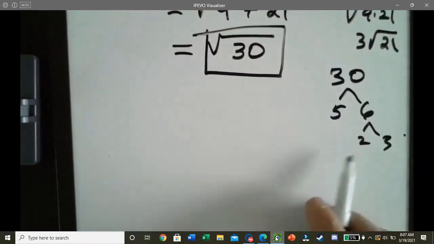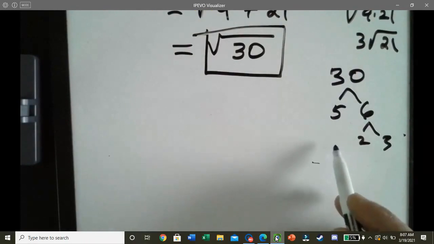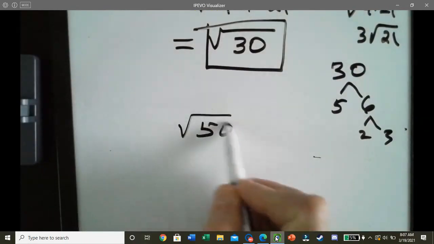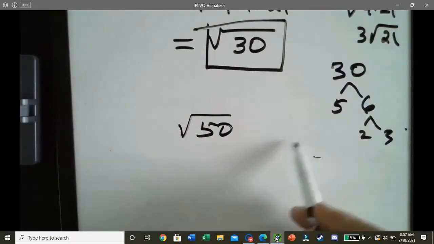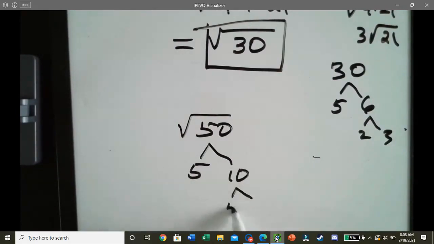Well, if you can get two numbers that are the same, like if you had the square root of 50, okay? Well, 50 is 5 times 10, right? And 10 is 5 times 2. So this is like 5 times 5, right? It's like doubles.